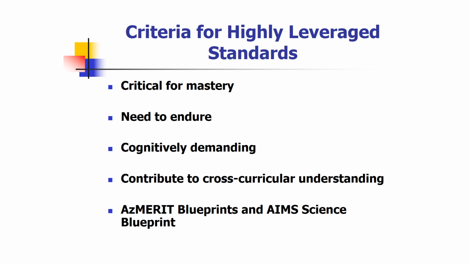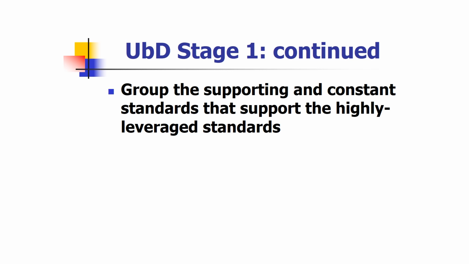The criteria for choosing standards to be highly leveraged standards are the following: critical for mastery, need to endure, cognitively demanding, contribute to cross-curricular understanding, AZ Merit Blueprints, and AIMS Science Blueprint. Next, the designer needs to group the supporting and constant standards that align to and support the acquisition of the highly leveraged standards.